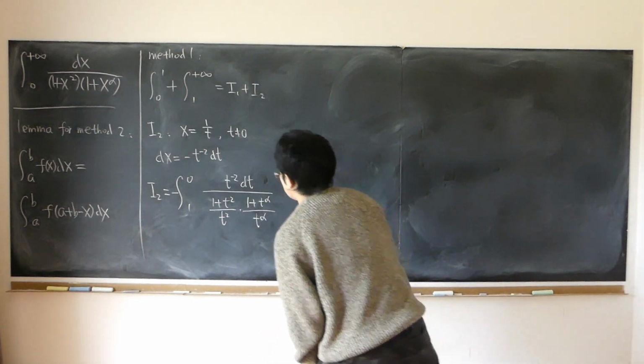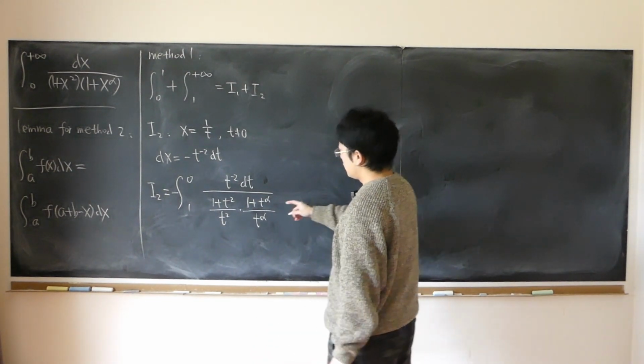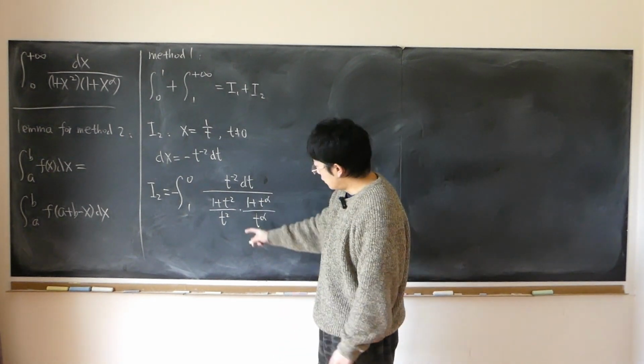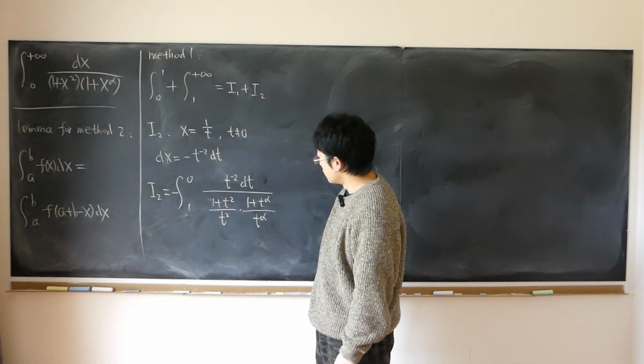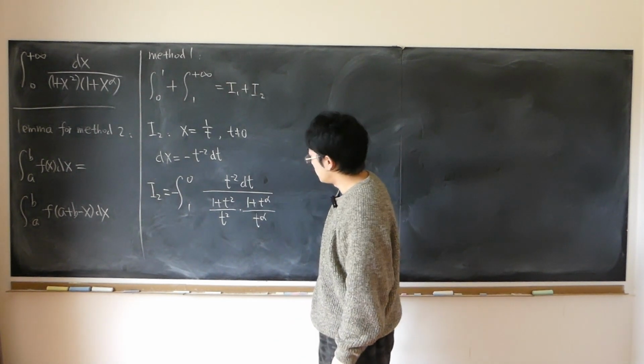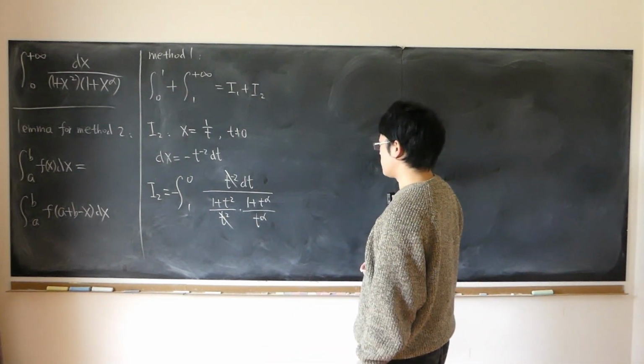Here we can see that on the top we have t to the power of minus 2, and on the bottom we have 1 over t to the power of 2, which is still t to the power of minus 2. So they can just cancel out. What do we have left?